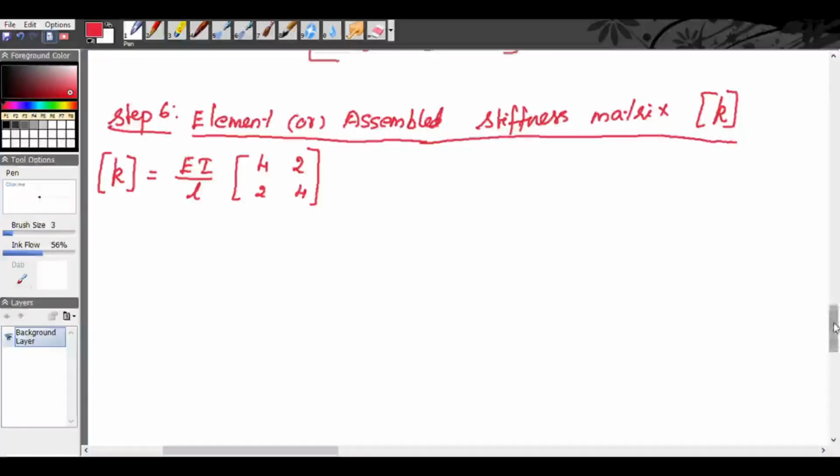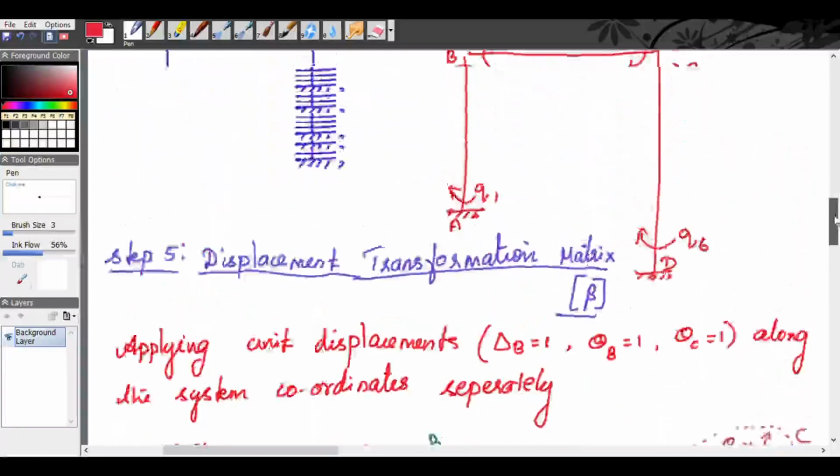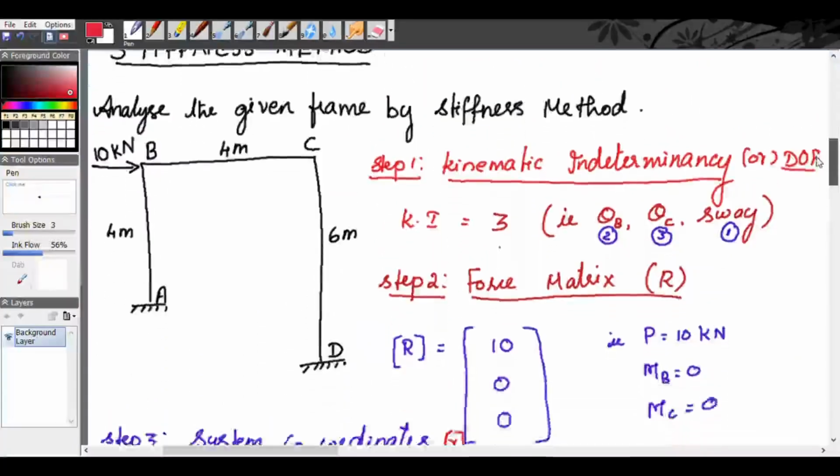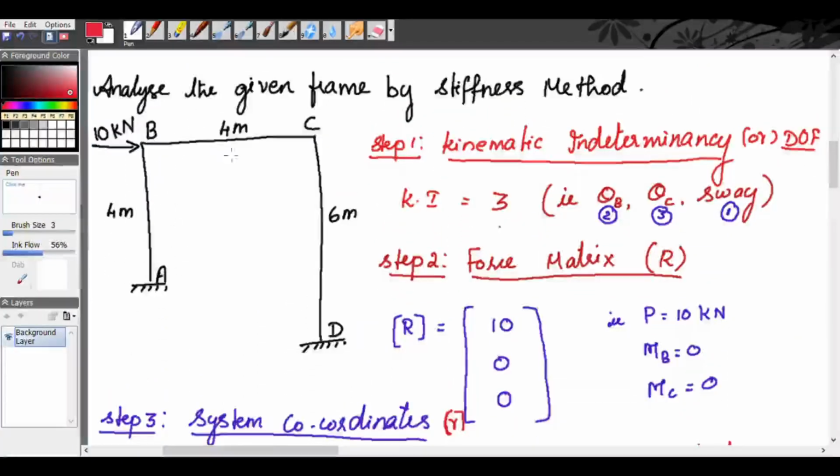So for AB and BC, L remains constant, E remains constant, I remains constant. So for AB and BC, your element stiffness matrix will be same because same length. But for CD, it is different because the length is different, 6 meter. So we will write for AB and BC, that is K1 and K2, we will write K1 is equal to K2, and for K3 we will write it separately.